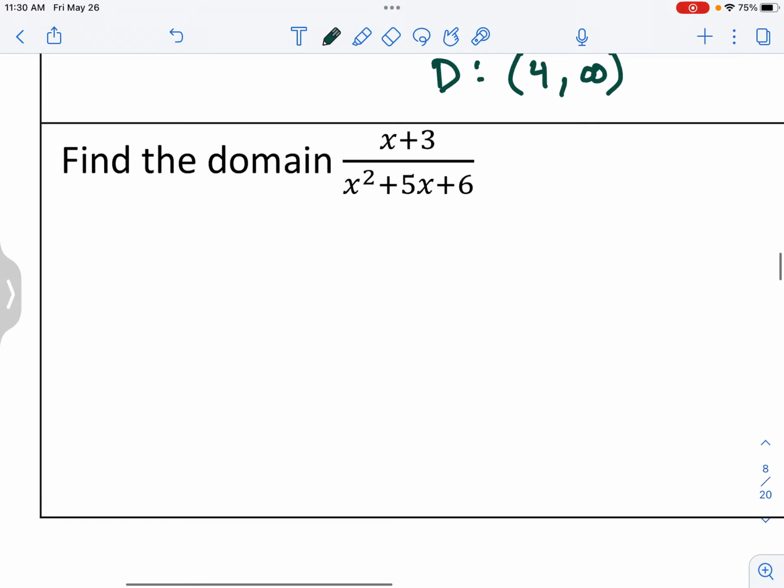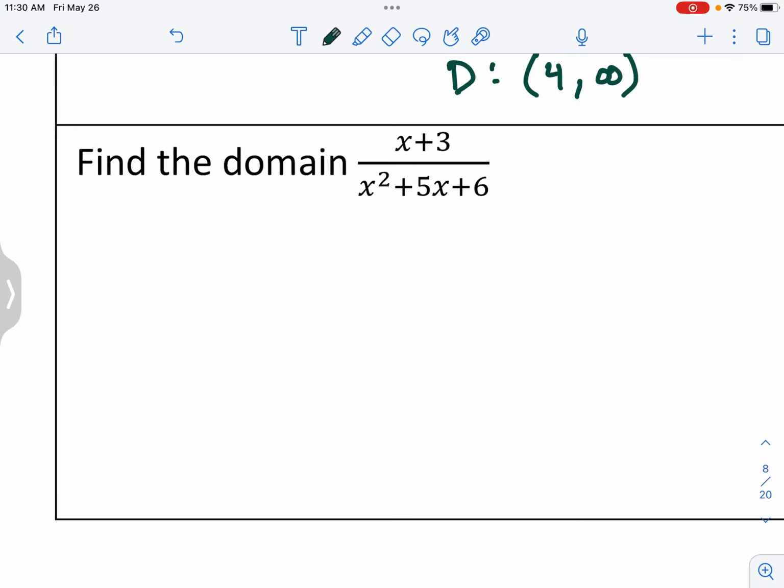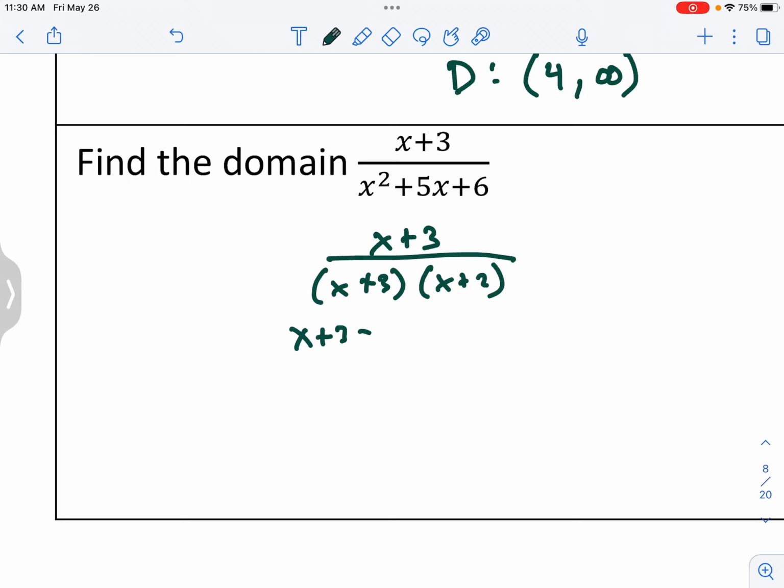And last but not least, the domain of this: we have a quadratic expression in the denominator. To find out when it becomes 0, we want to factor it: x plus 3 and x plus 2. Then we're going to set each of those factors equal to 0, or we'll say they can't equal 0. So x cannot equal negative 3, and x cannot equal negative 2.